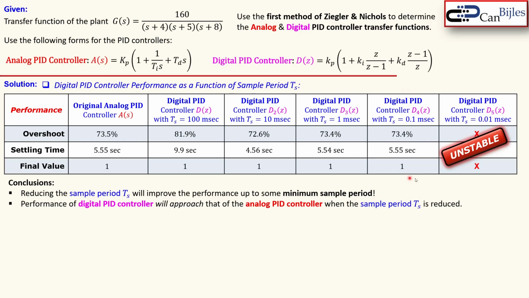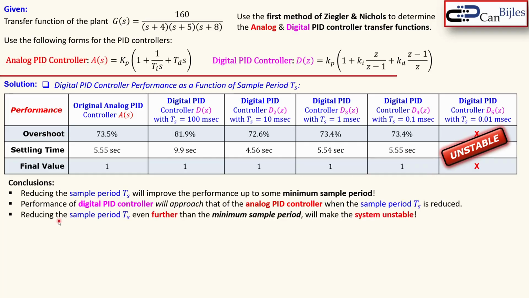By the way, I have not researched here what the minimum value might be, so maybe 0.05 is also fine, we don't know, but you can see that reducing this TS will actually make your system unstable. So there's a limit here. And then reducing the TS even further has of course the consequence of an unstable system as said here. So we will of course not do that, so you have to be careful when you do the digital control design.